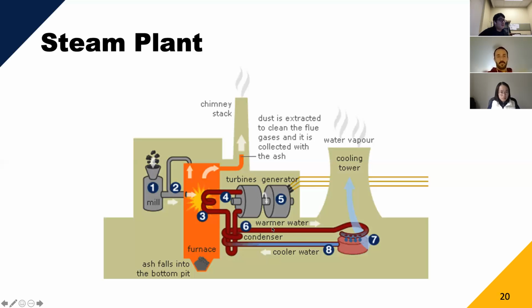What you'll notice here is that there's a separate loop of water that will cool the water coming out of the turbine that you can no longer extract any work out of.